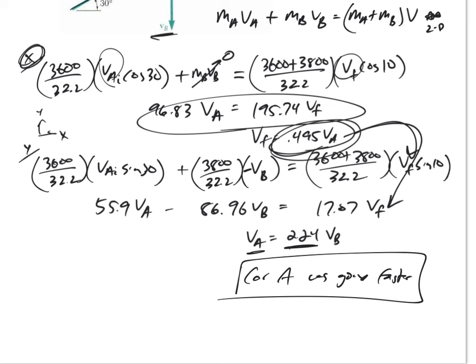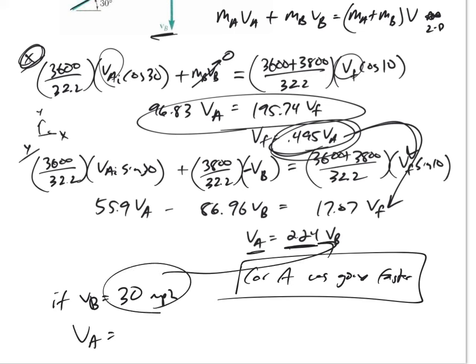So the slower car, if VB was traveling at 30 mph, then VA would be 2.24 times 30. VA was at 67.2 miles per hour. So VA was the one that was traveling a lot faster than the speed limit.